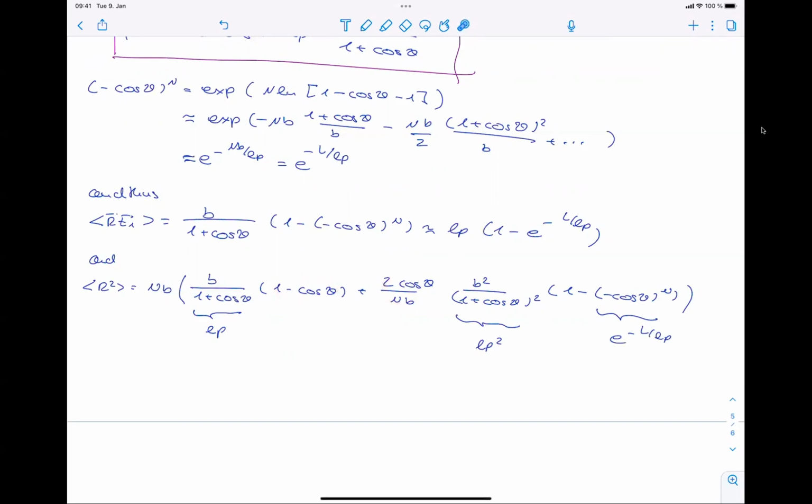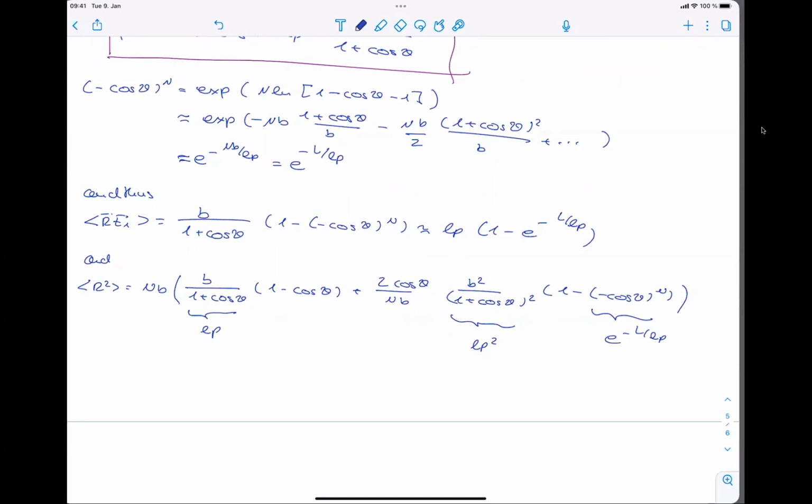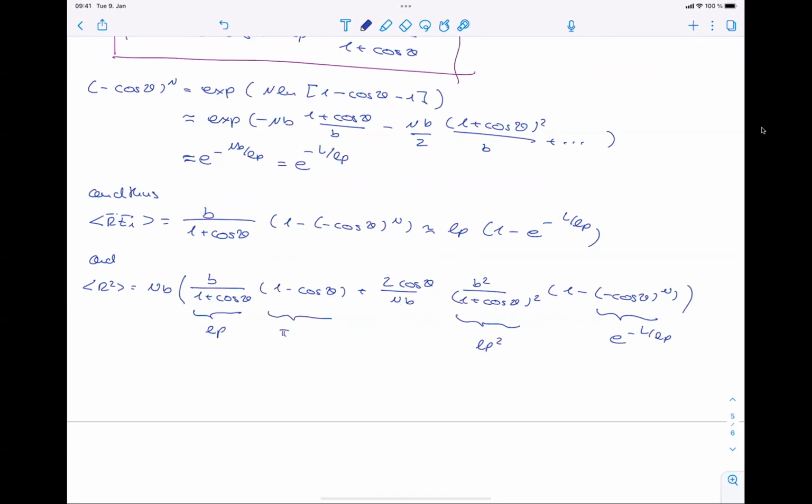But remember, we said that we're expanding for theta around pi. And so in this limit, theta towards pi, this is roughly 2. And this term, as theta goes to pi, is 2 over L times minus 1.